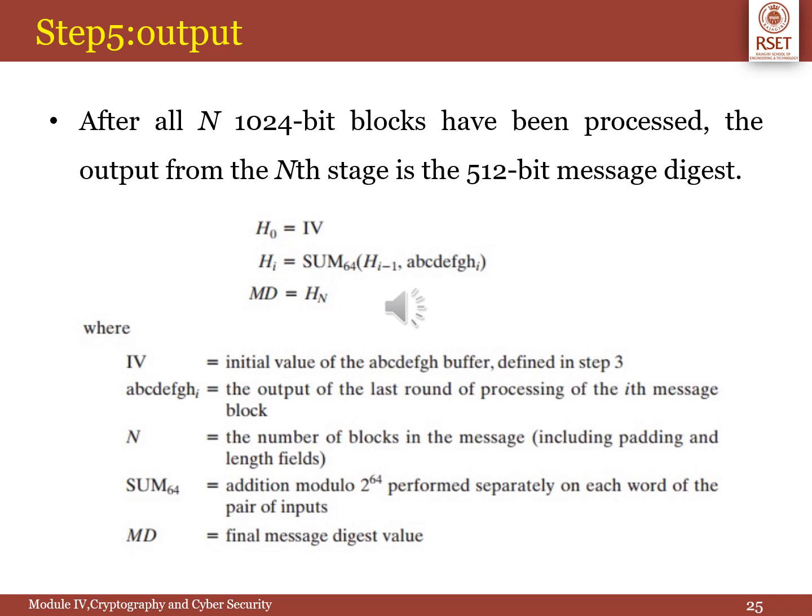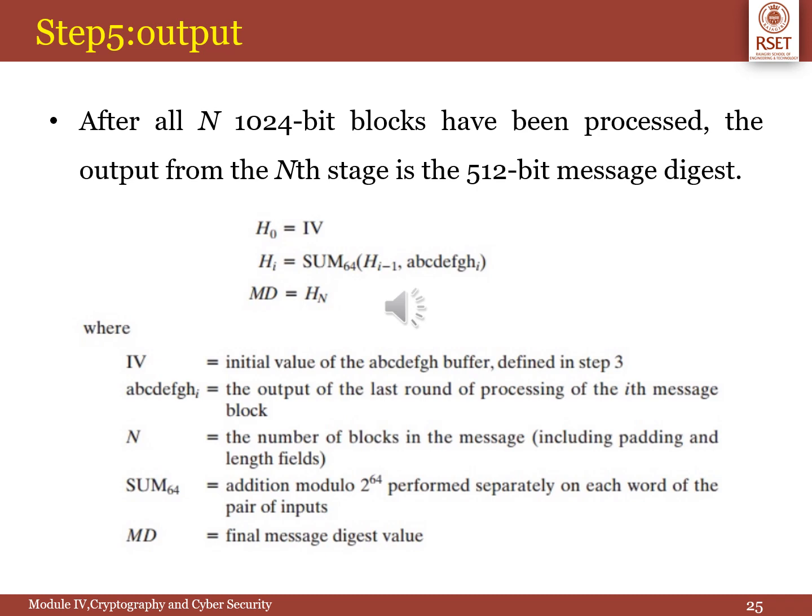After the 80th round of each compression function, the 512-bit output of the compression function is added with the initial H value that is supplied to the first step of the compression function. That is depicted using this equation, where we do a modulo 2 raised to 64 addition.